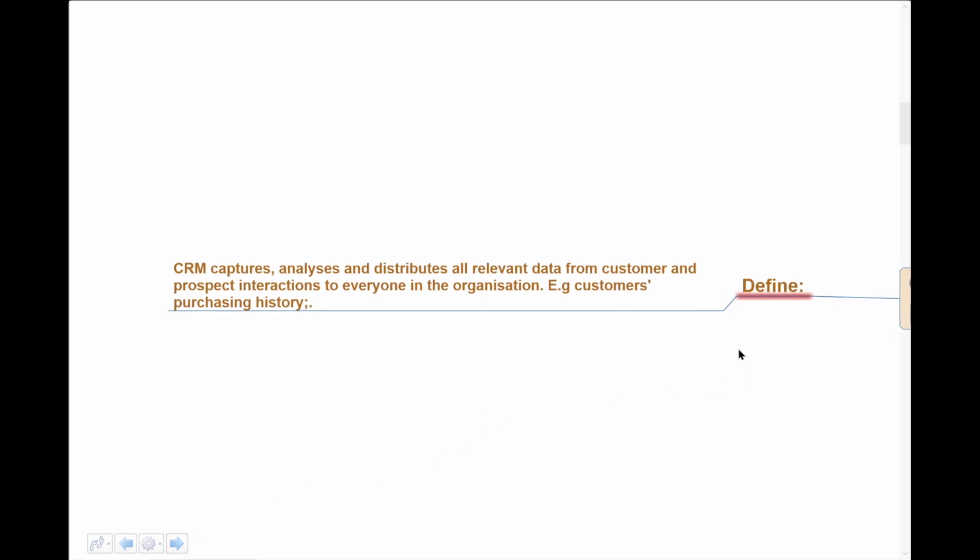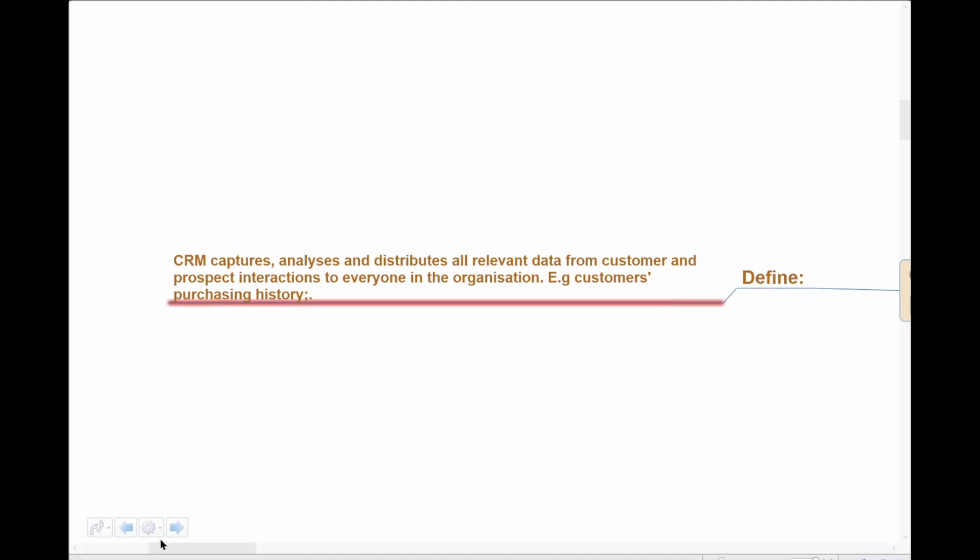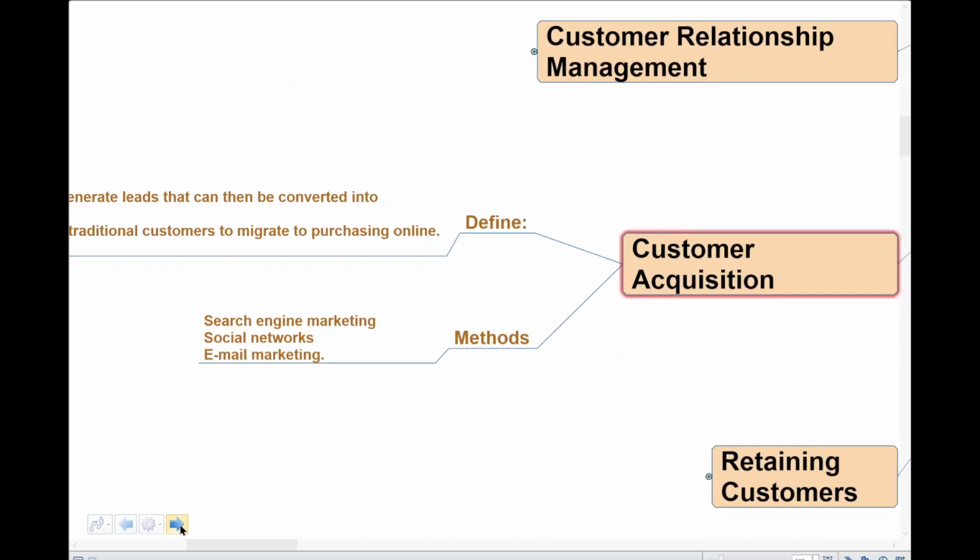So basically what CRM does, as you'll probably be aware, is manage all relevant data in relation to customers, e.g. purchasing history. Perhaps a good example of that would be something like Amazon, or possibly if you use Netflix, you'll see reference to the use of big data and analytics in that area. In terms of acquisition of customers, note the difference between acquisition and, as we'll see in a moment, retaining.